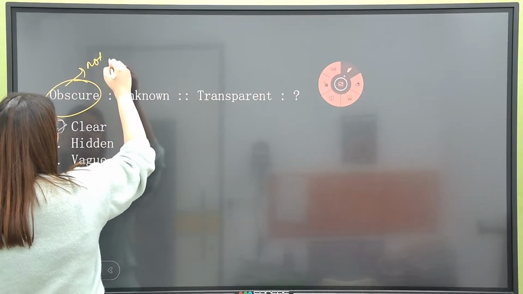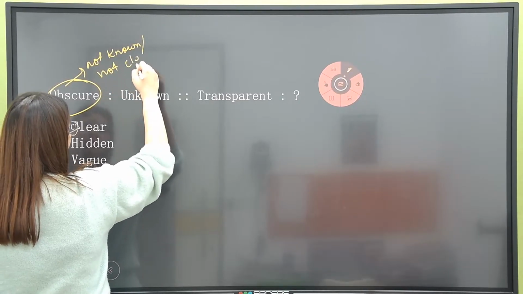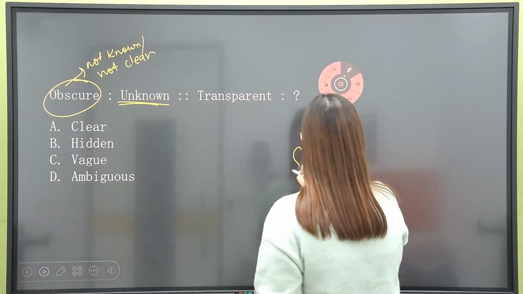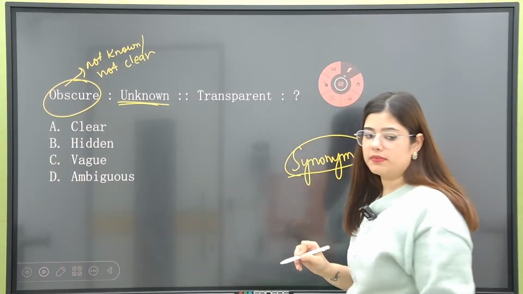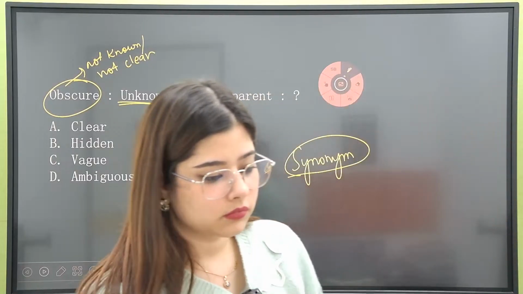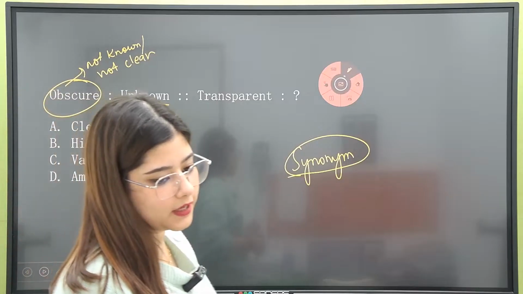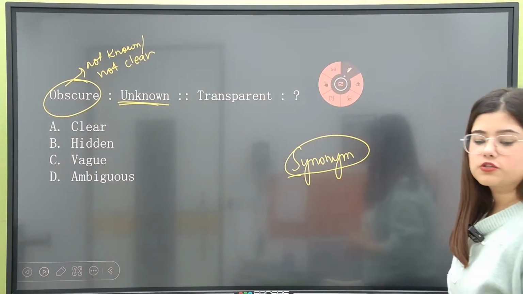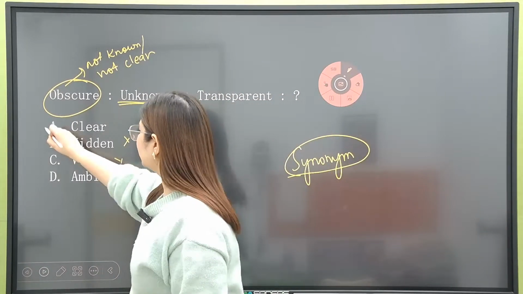So unknown is a synonym. So now the relationship that we are looking at is that of a synonym. So obscure is to unknown, such as transparent is to clear.